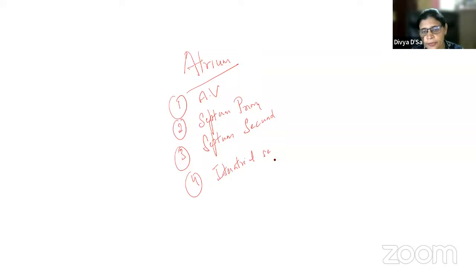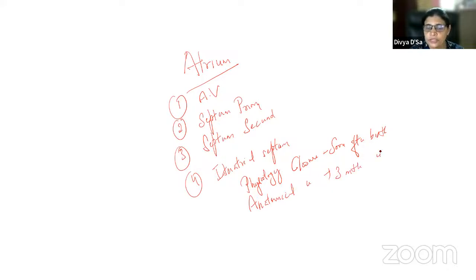The physiological closure of this foramen ovale is the first to happen, soon after birth, whereas the anatomical closure happens 3 months after birth. So this is very important.